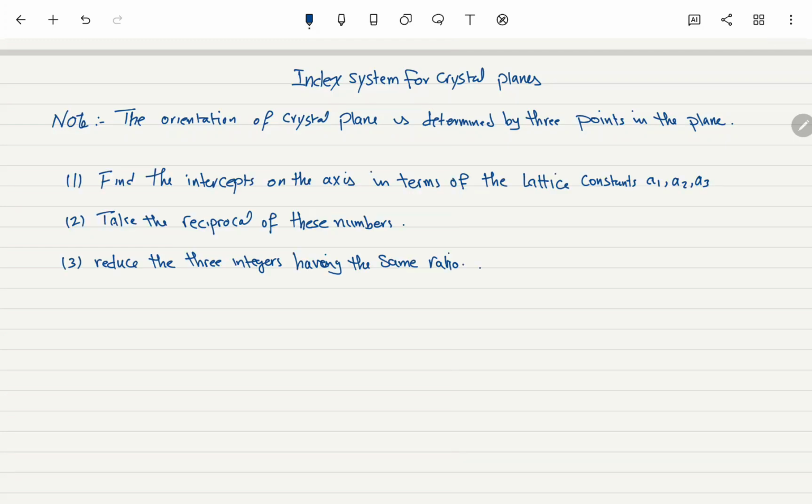Now for example, if we have a plane which intercepts the axes at 2, 3, 2, take the reciprocal of these 3 numbers and it will be 1 over 2, 1 over 3, 1 over 2.